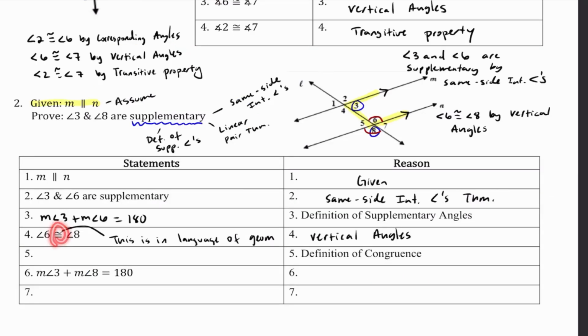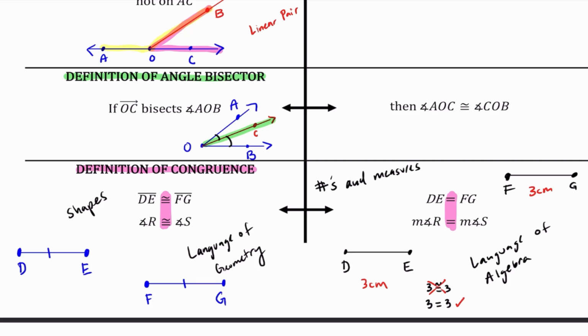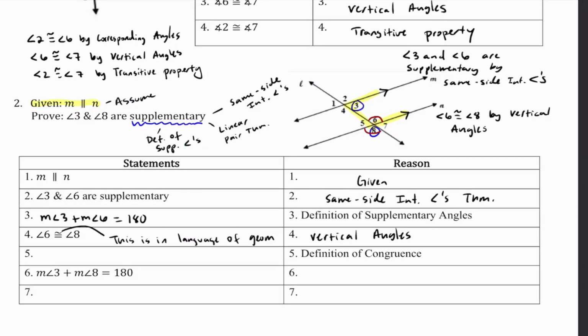So we initially have a congruent symbol. So by the definition of congruence, I should change the congruent symbol to an equal sign, just like what the definition of congruence states here. It's going from angle R congruent to angle S to the measure of angle R equal to the measure of angle S. So I'm going to write the measure of angle 6 is equal to the measure of angle 8.